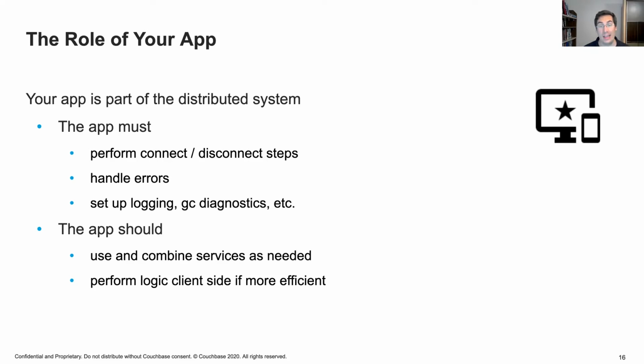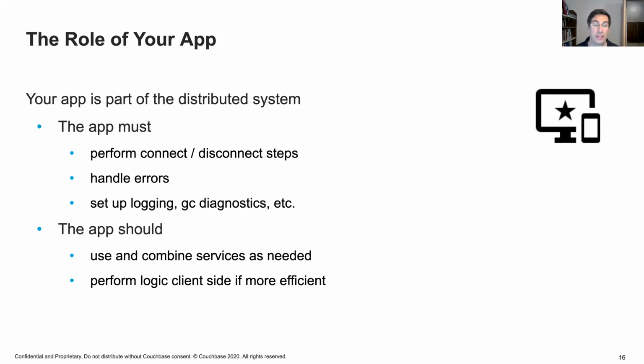You need to handle errors, catch exceptions, and decide what to do when they occur. You need to properly set up logging, diagnostics, GC information, etc. All those things that make sure that you're running your application in production in a safe and robust way and you're able to debug it if things go wrong.